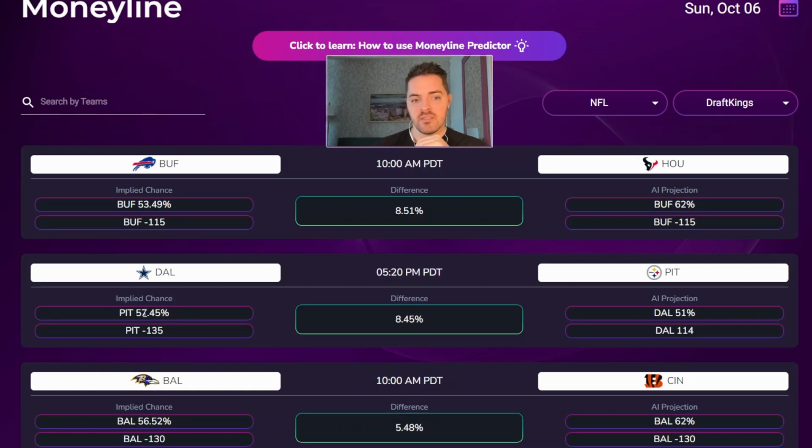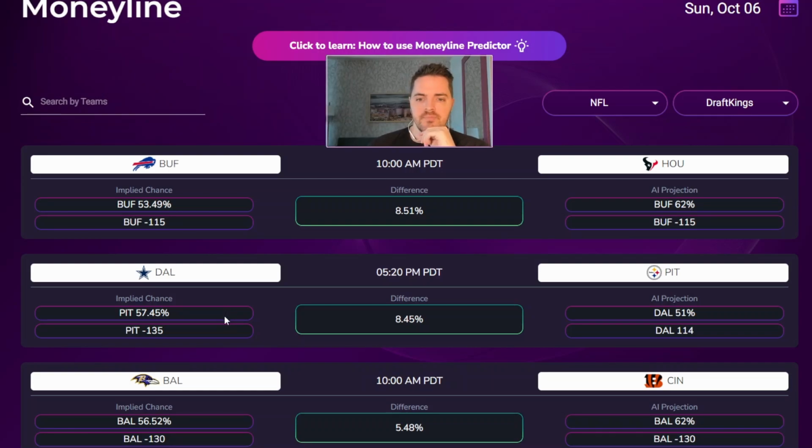So the difference between this being 57 and the opposite being at 51 is 8.45%. So this is saying I probably shouldn't go Pittsburgh money line. If I did want to do any money line, it's worth it just to do Dallas plus 114 with a better payout, because this is much more of a coin flip situation than the odds the sportsbooks are giving us play out to be.